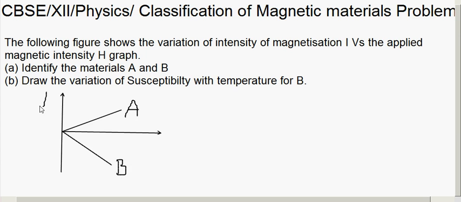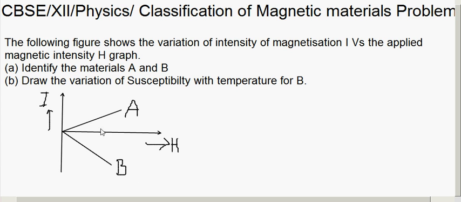This is I and this is H. Along the x-axis we have H, and this is on the negative side of minus I. Now identify the materials A and B. To identify, because the I-H graph is given, as in the previous case, you can see the slope, that is I by H, which gives the value of susceptibility.